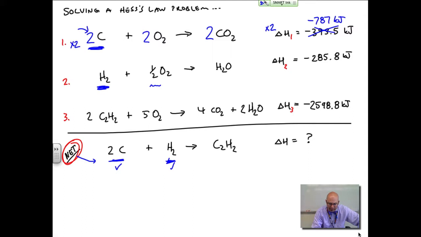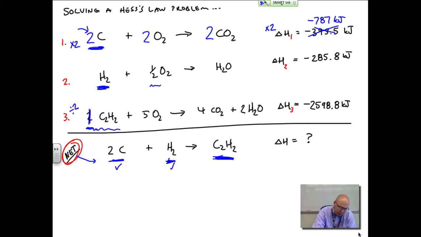Now let me take a look at my C2H2. These are the only ones right here. Now, there are 2 things I need to take a look at with my C2H2. First, I'm given 2, and I can't have 2. I need only 1. So I'm going to divide this all by 2.